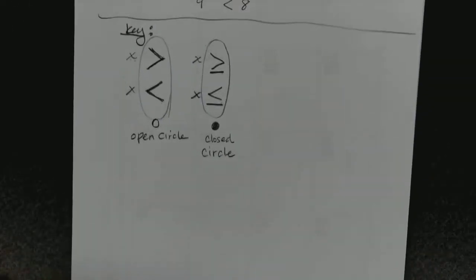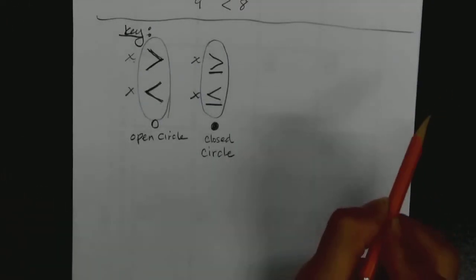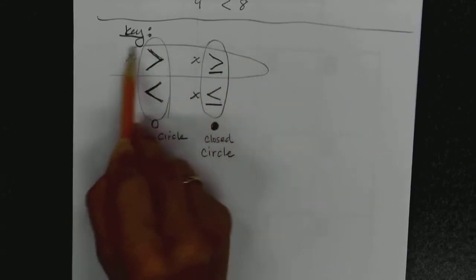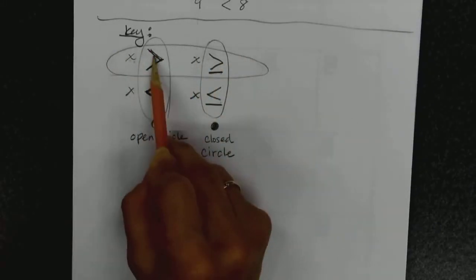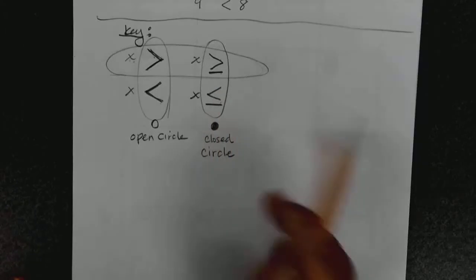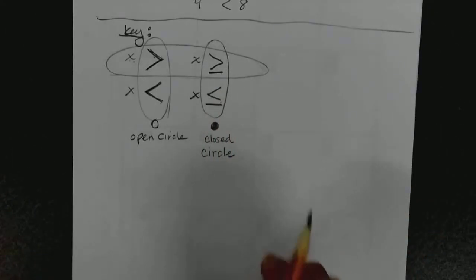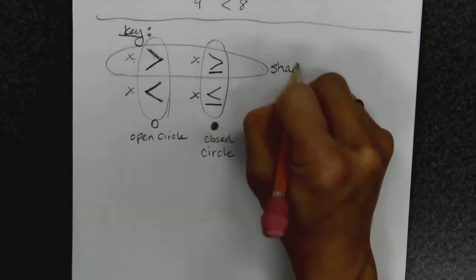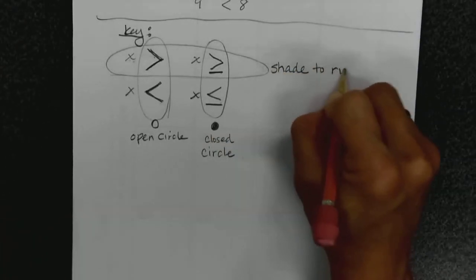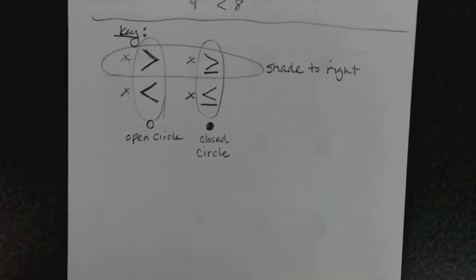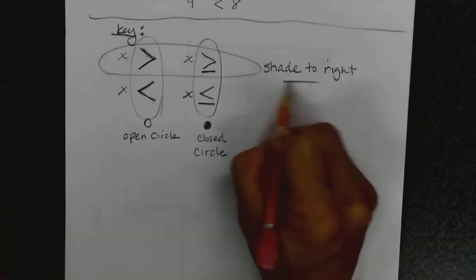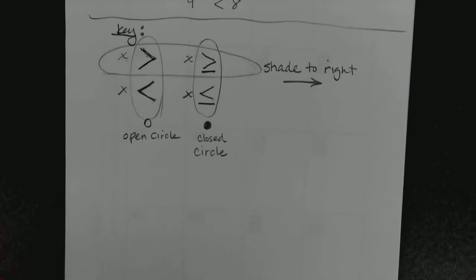Okay? And then we're going to read it this way now. If it's greater than or equal to, because it's the greater than side, and remember, the right side is always greater than the left, we're going to shade to the right.